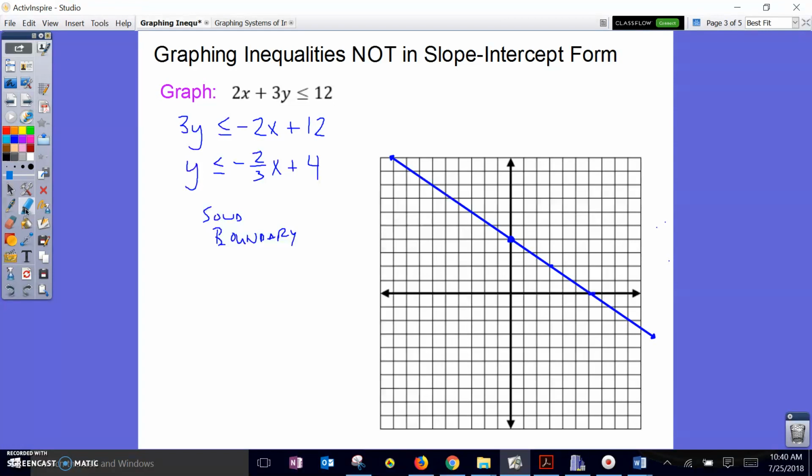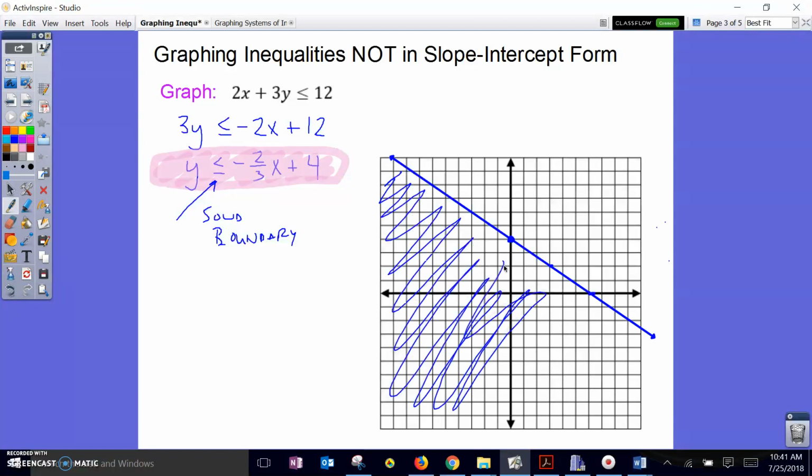When I think about shading, I want to use this inequality, the one that's in slope-intercept form, to determine my shading. I've got the form y is less than or equal to, which means I want to shade below the boundary line. And so I'm going to shade below the boundary line. And there's the graph of 2x plus 3y is less than or equal to 12.